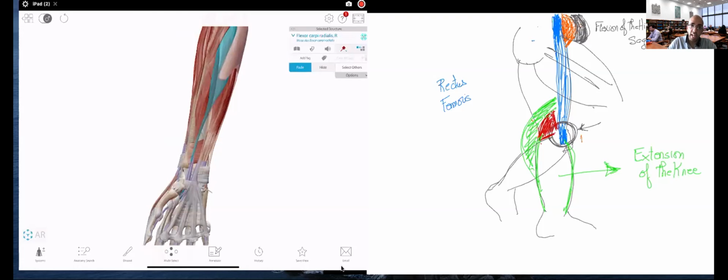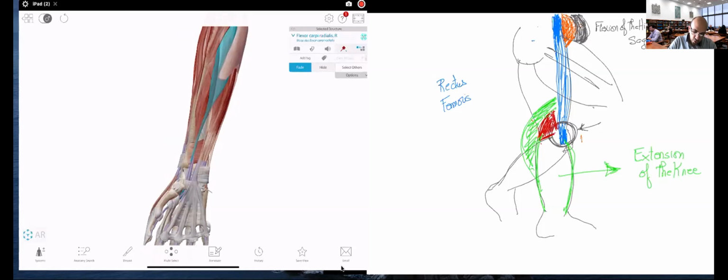And remember, I have only an action on the wrist joint as I have a single tendon, as you see on here. So a muscle in the anterior aspect of the forearm that has a single tendon, this is going to be flexor carpi. I'm performing flexion of the wrist.